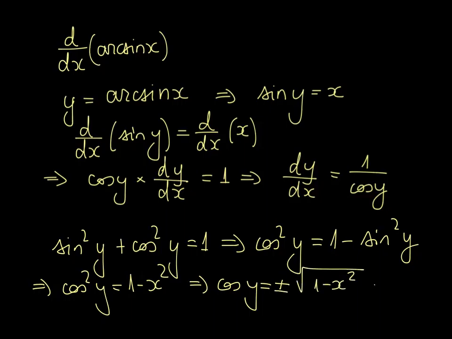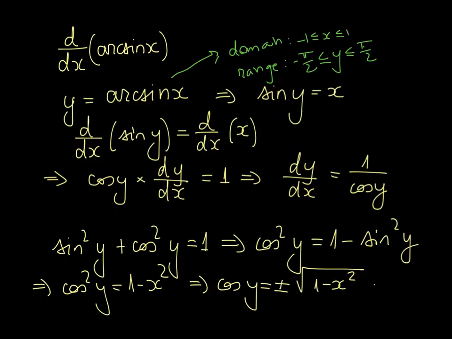Now I need to make a decision. Is it plus or is it minus? In order to decide, I need to go back and look at my function y equals arc sine x. And I know for this function, the domain is between minus 1 and 1, and the range is between minus pi over 2 and pi over 2.